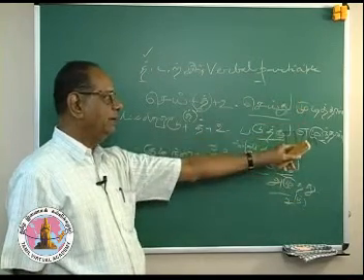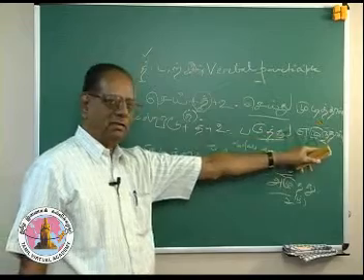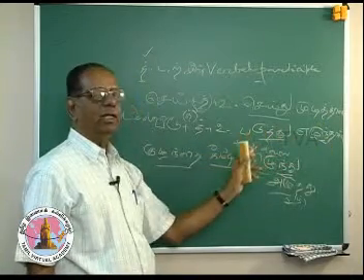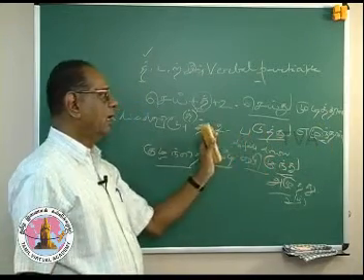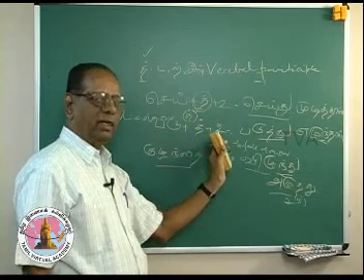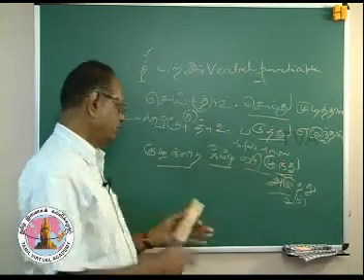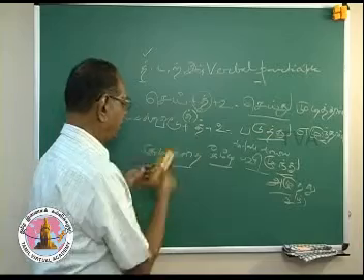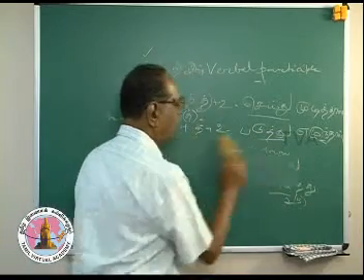I have been giving examples in the past tense so that you will be familiar with the first part of it and the second part of it. That is the verbal participle.